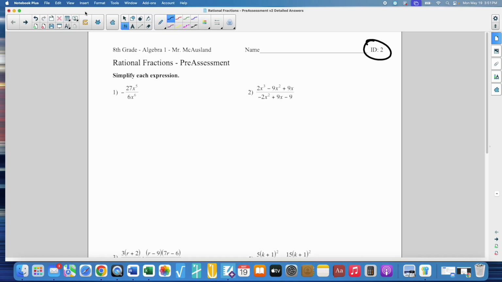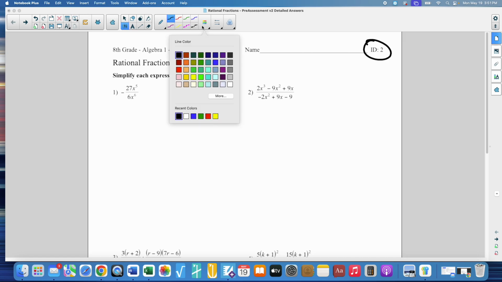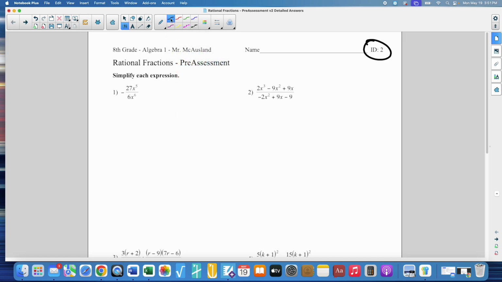So looking at this problem, these are monomials. It's a monomial over a monomial. One of the tricky things that you better keep track of is that negative out there. But it's not gonna affect your reducing of fractions. 27x to the 5th, so you have the negative. 27, you're gonna break into 3 times 3 times 3 times x to the 5th.